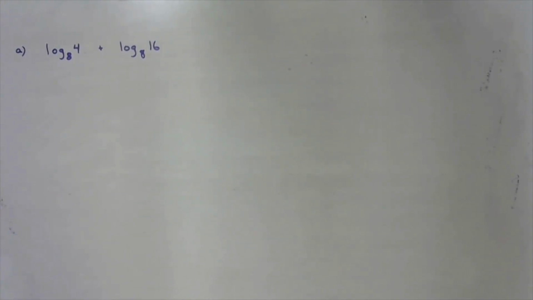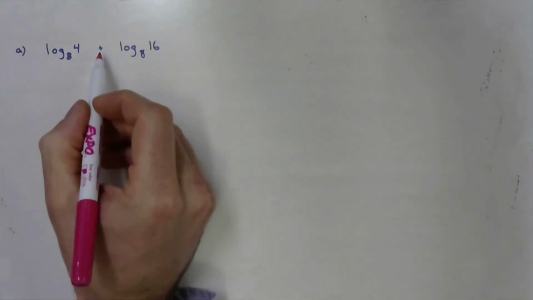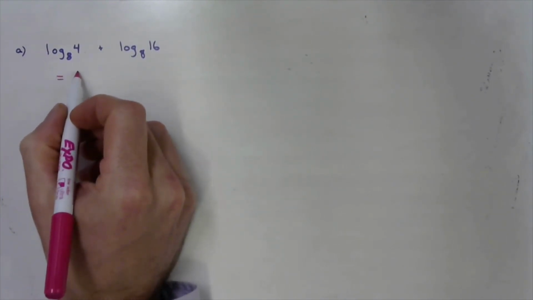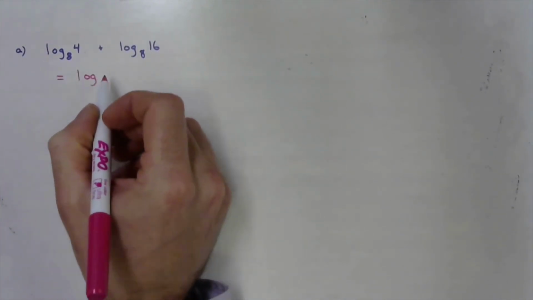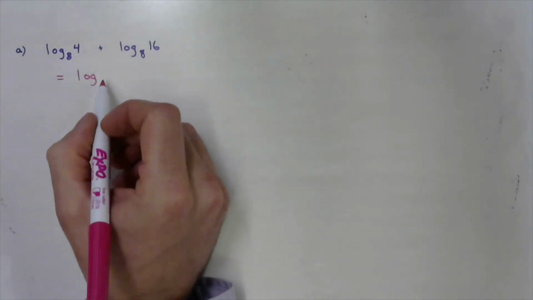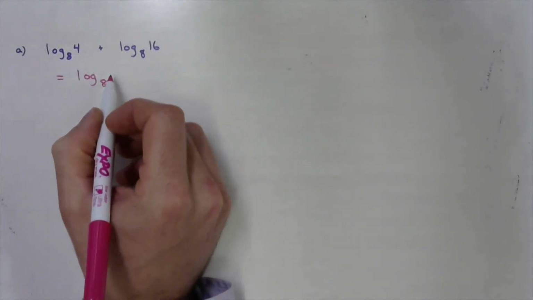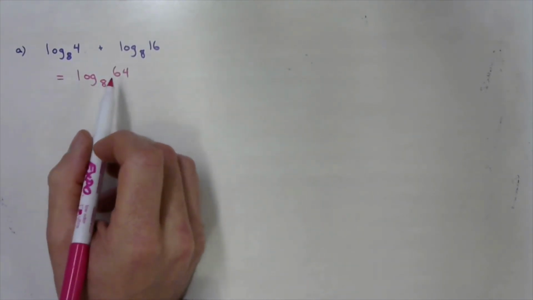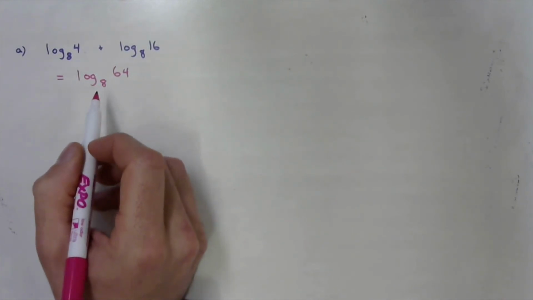So which law are we going to apply if we have addition in between them? Product law of logarithms, because there's addition in between them. So we're going to multiply 4 and 16, which gets us 64. So now we're looking at the log of 64 base 8.